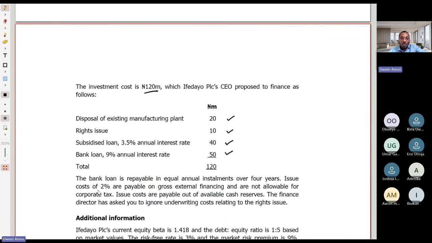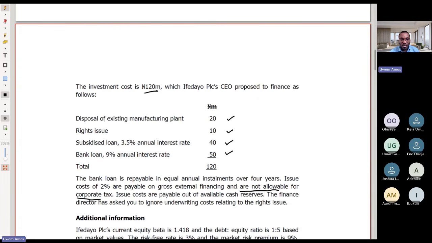Issue costs of 2% are payable on gross external financing and are not allowable for corporate tax. So those issue costs are not allowable for corporate tax. Issue costs are payable out of available cash reserve.